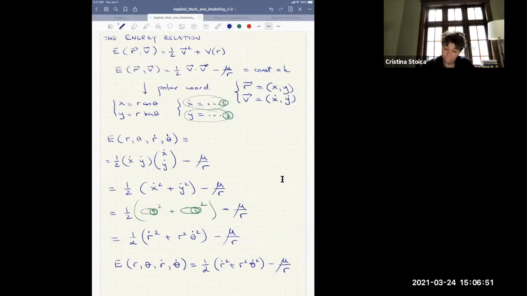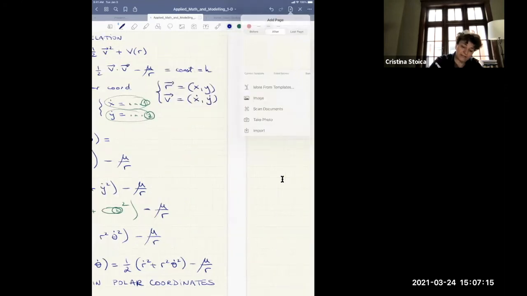So this is the energy in polar coordinates. And by the way, it will be constant along any solution, r of t, theta of t, whatever.